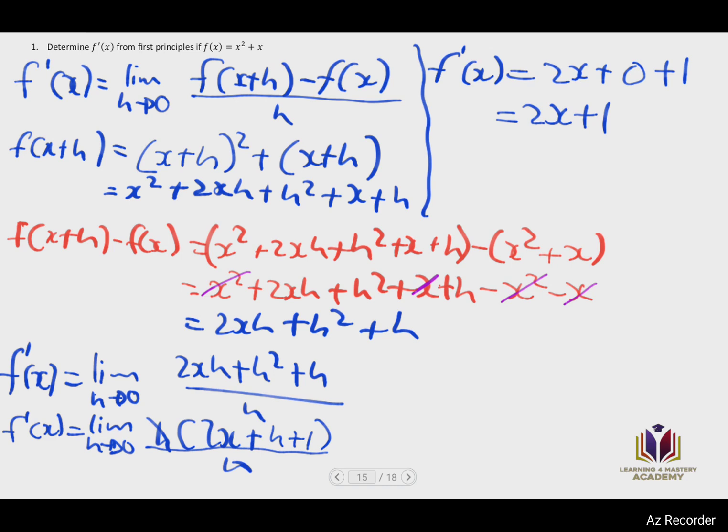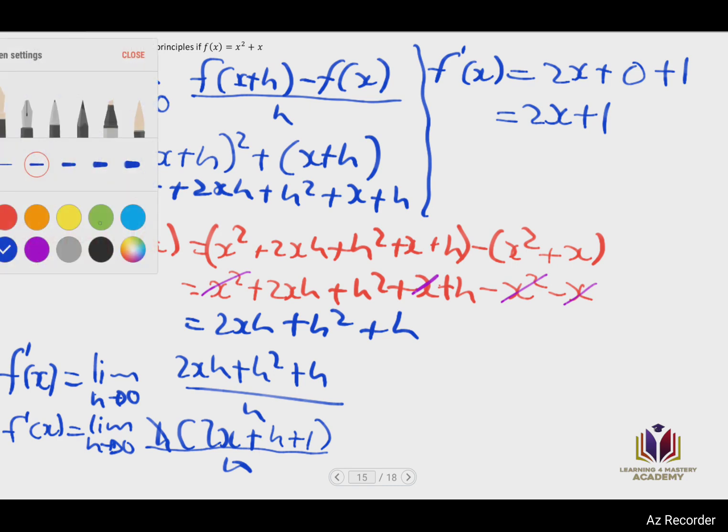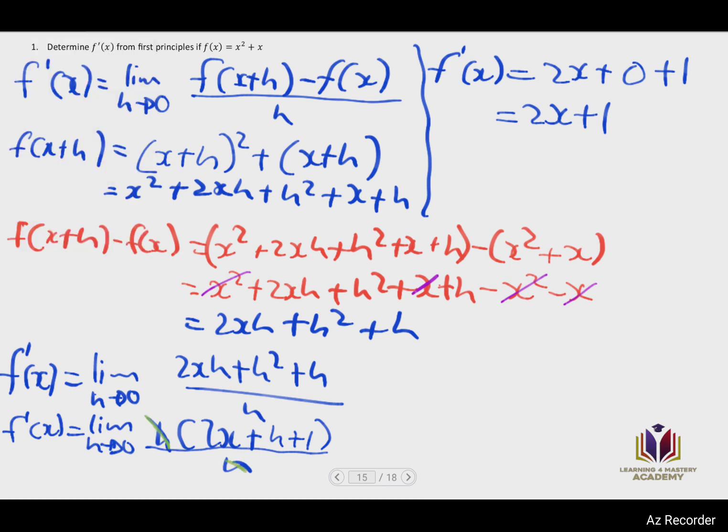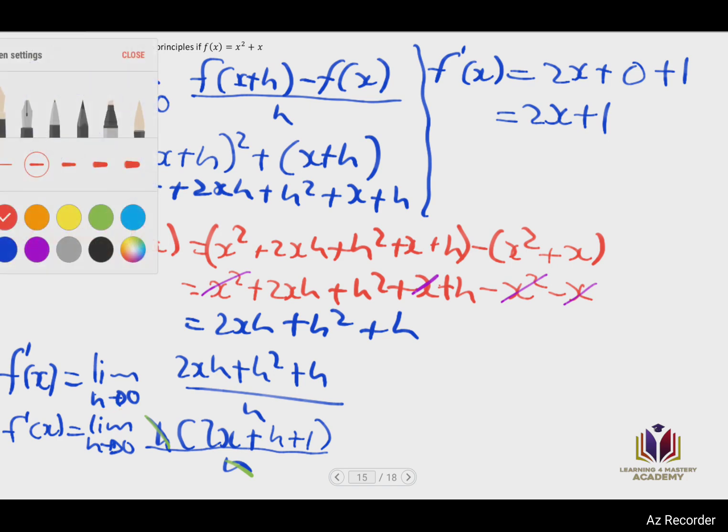Okay, so this is how you work it out. We took out a common factor of h in the numerator. It cancelled out with the denominator. If you didn't see it, let me just emphasize it. There it is, right? Then we were left with 2x plus h plus 1. Then in place of the h, we substituted 0. When you substitute 0, then you stop writing the limit.